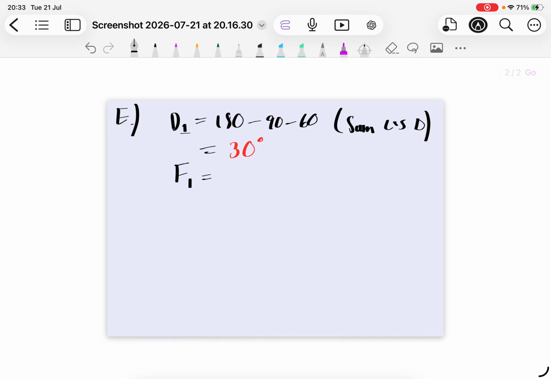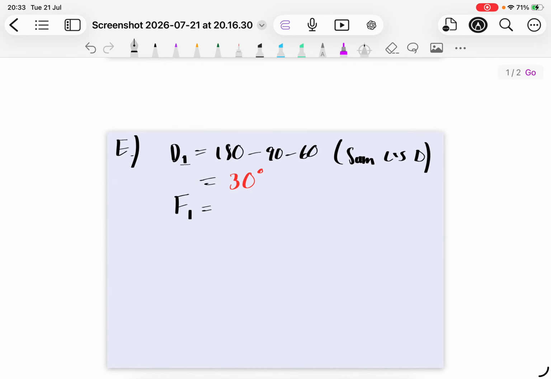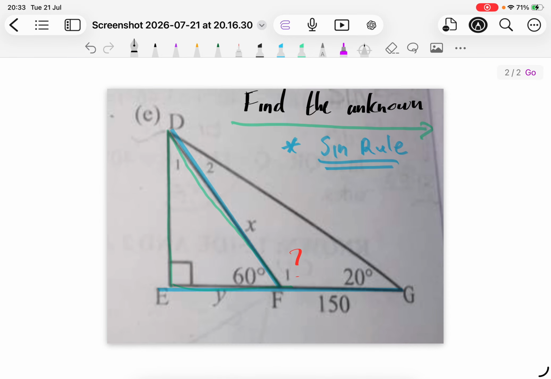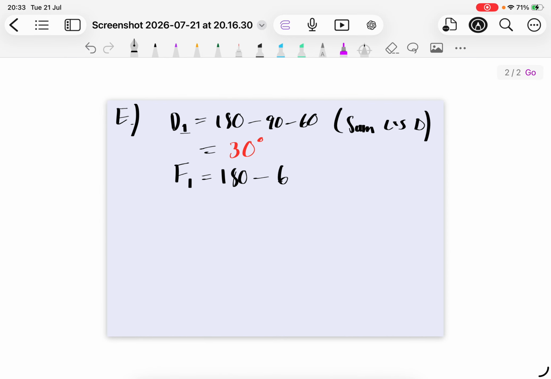So I'll just simply say F1 is equal to, what do I have for a straight line? 180. So I'll say 180 minus the angle there, which is then 60 degrees. And then what's my reason there? Straight line. Right? And then that angle there is then equal to 120.